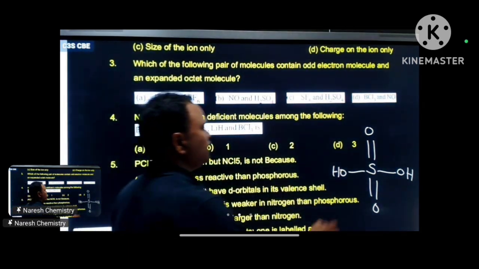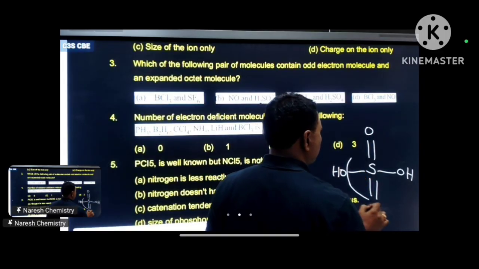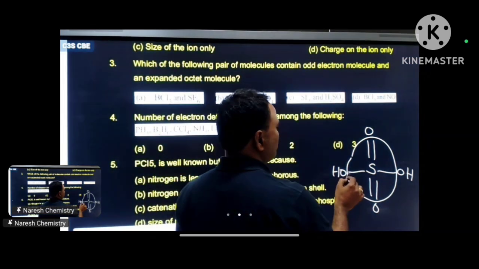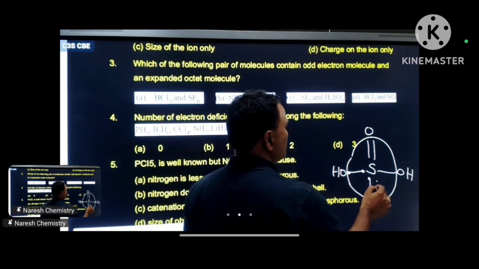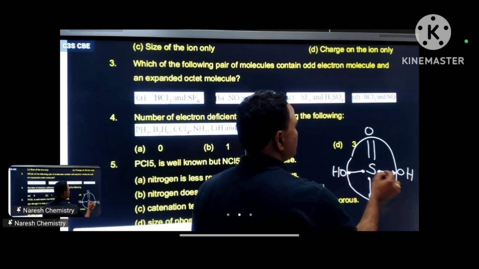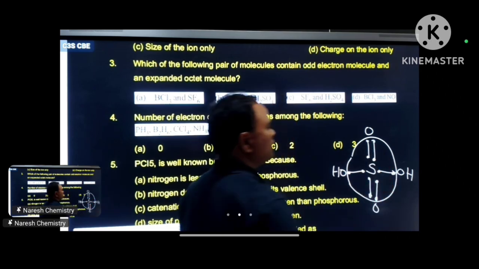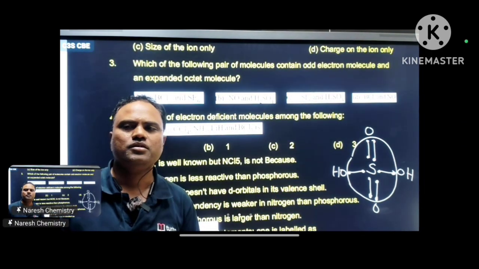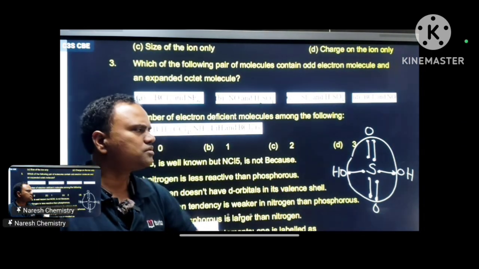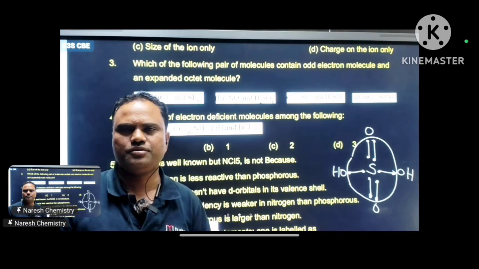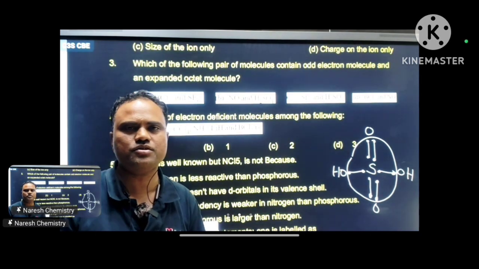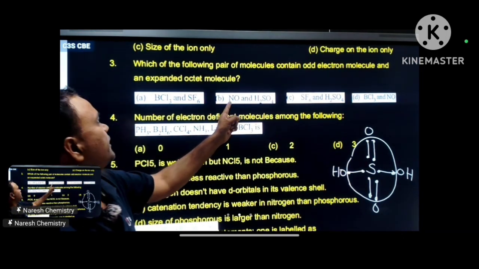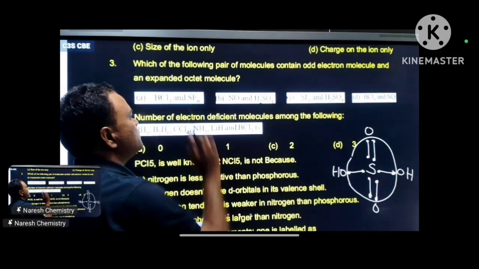Around sulfur, how many electrons are present? In this circle, you have 1, 2, 3, 4, 5, 6, 7, 8, 9, 10, 11, 12. 12 means expanded octet. This is a difficult level question. Just listen and leave it. You should remember the sulfuric acid structure. So what is the answer? Odd number and expanded octet. Second one is the answer.